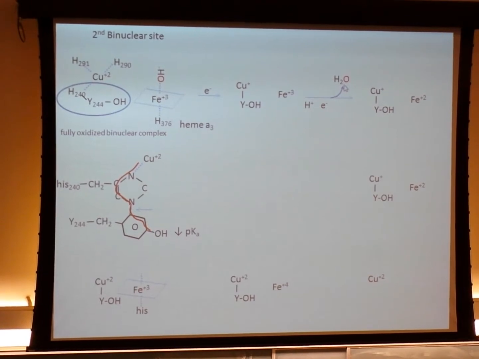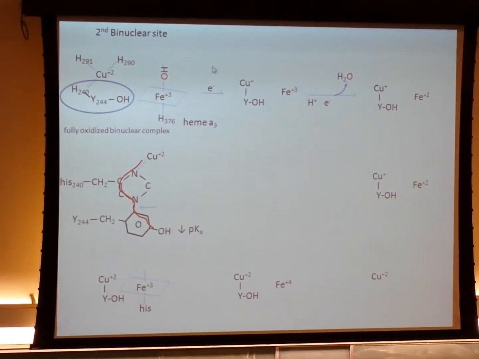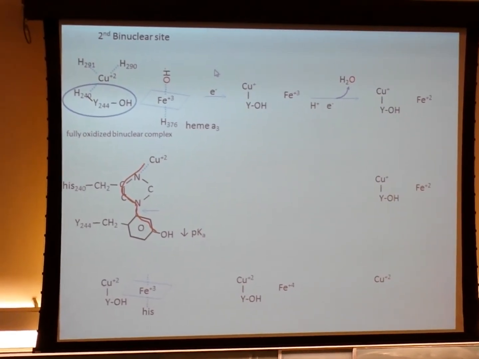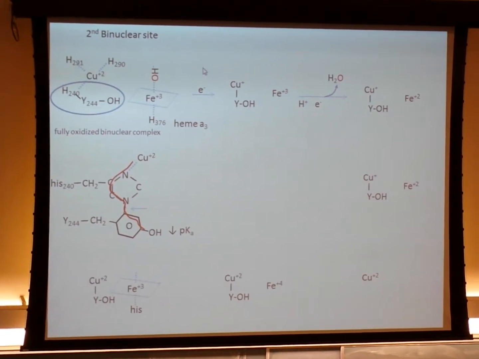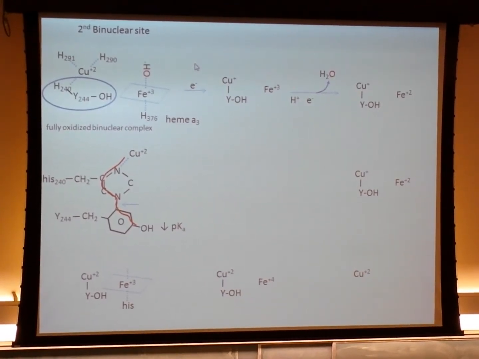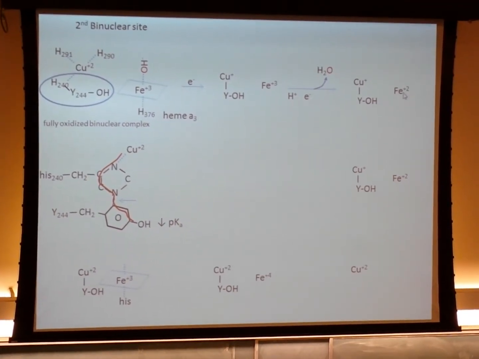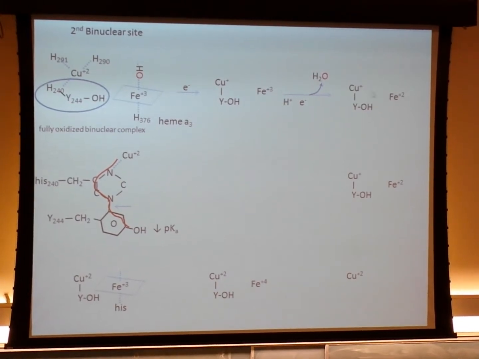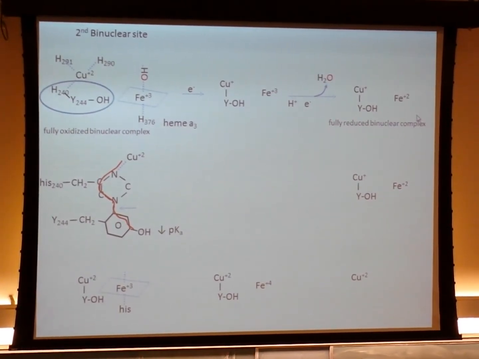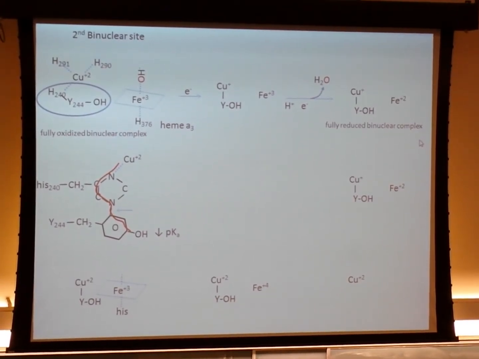So the first water actually comes not from O2, because O2 hasn't even entered the picture yet. Remember, oxygen is O, double bond O. It starts from a hydroxyl group. Now, with that other electron, the iron is in the +2 state. So the copper is reduced, the iron is reduced. This is now the fully reduced complex. It can't get more reduced than this.